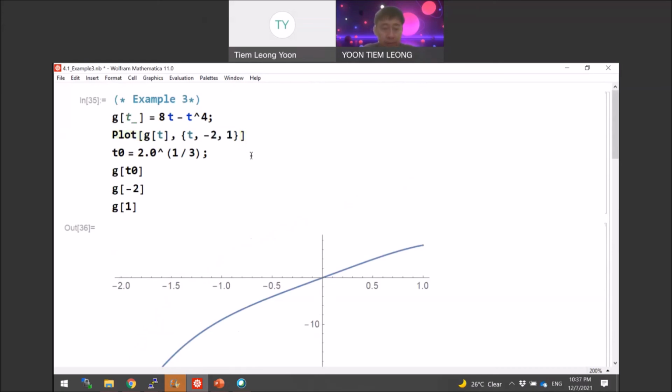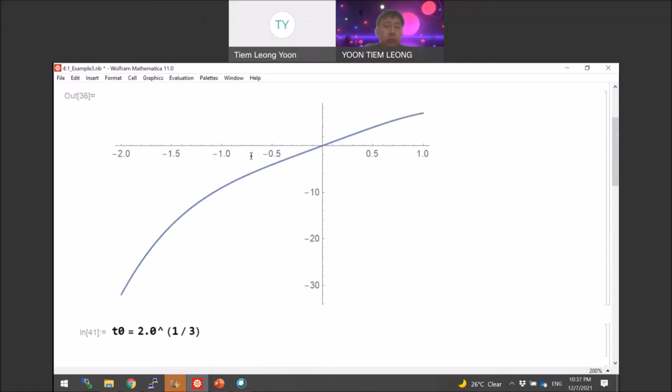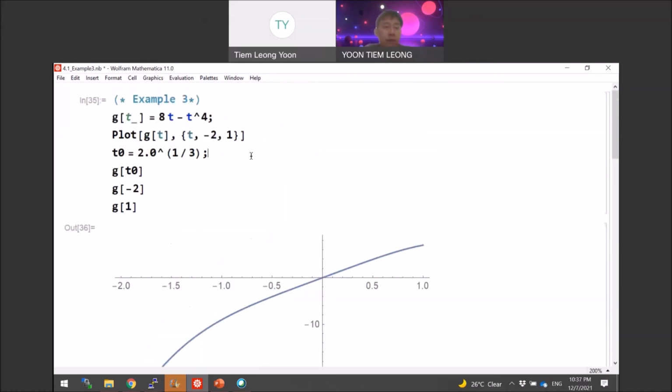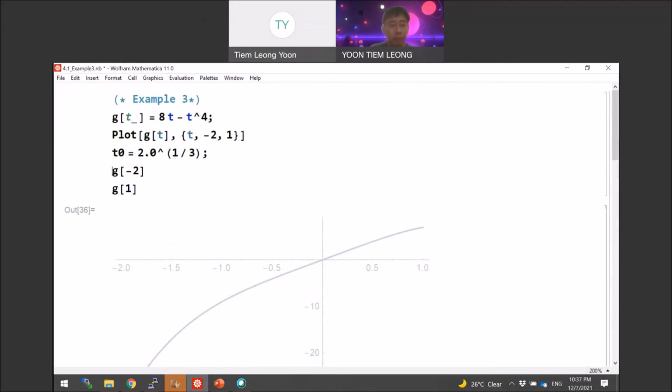So I would say in this case, there is no critical point for this function within the interval of t from -2 to 1. Okay, so that is for the first thing. So once you have no critical point within the interval from -2 to 1, then what is left is the values of g at the endpoints.